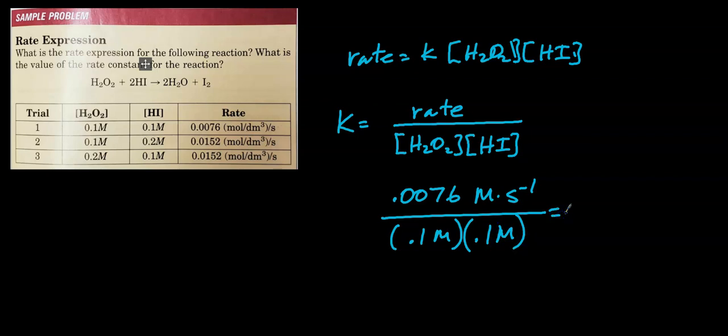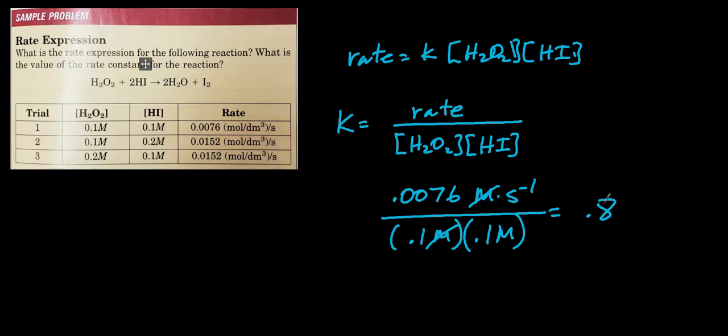Now, let's take a look at the units first. One of these molars down here is going to cancel with this one. So go ahead and punch that up and see what you get for the value. We should have 1 sig fig technically in our answer, even though the book shows 2 sig figs. We should get 0.8.